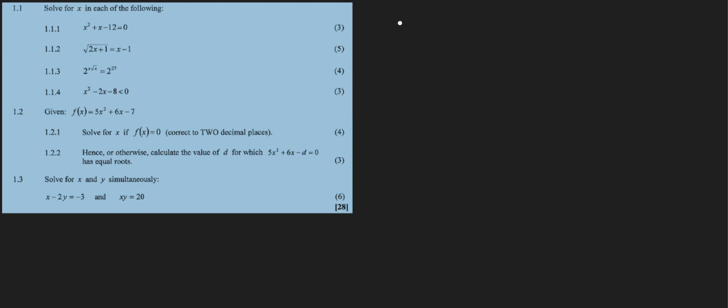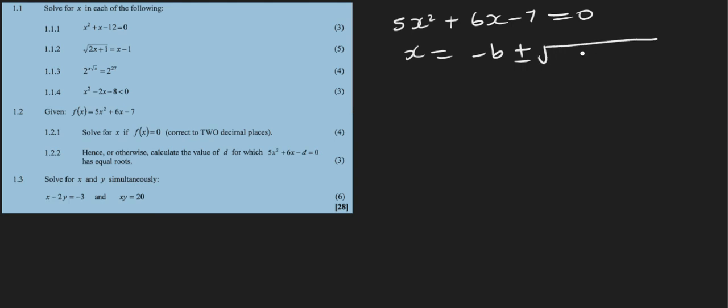So our equation is 5x squared plus 6x minus 7 equals 0. To solve for x, x equals negative b plus or minus the square root of b squared minus 4ac, all divided by 2a. You can take this formula from the data sheet.